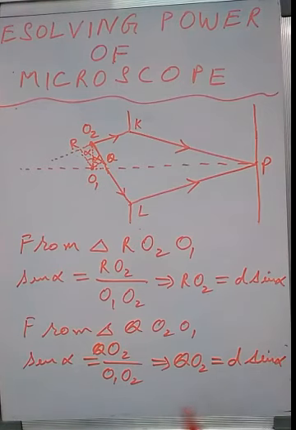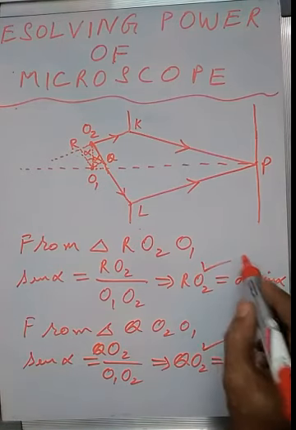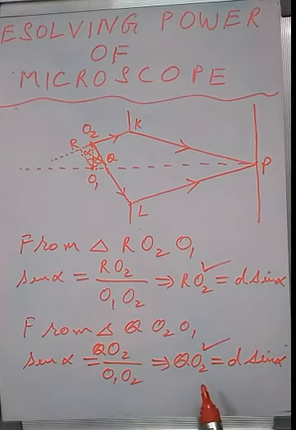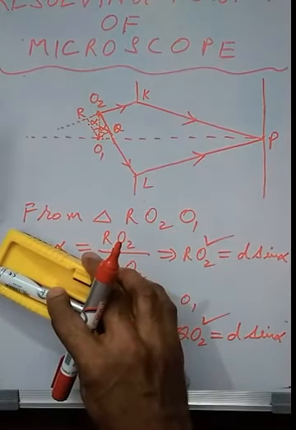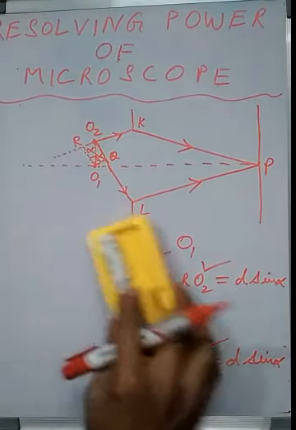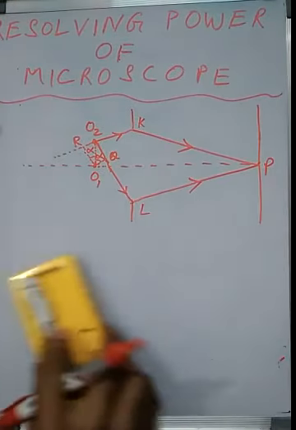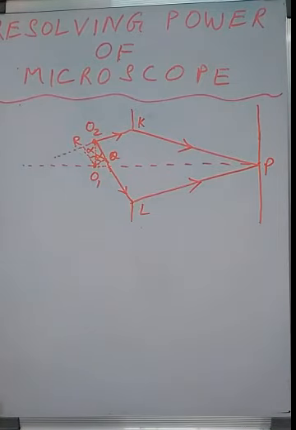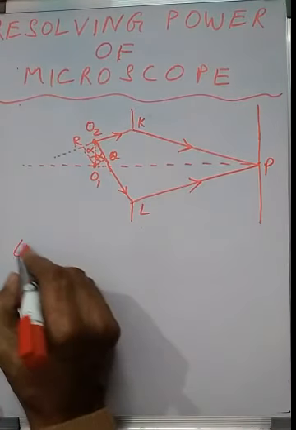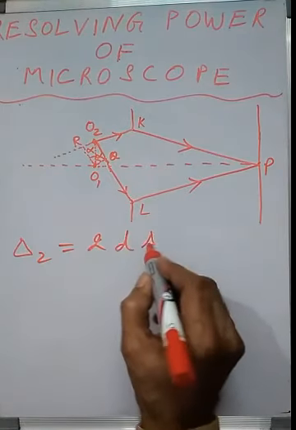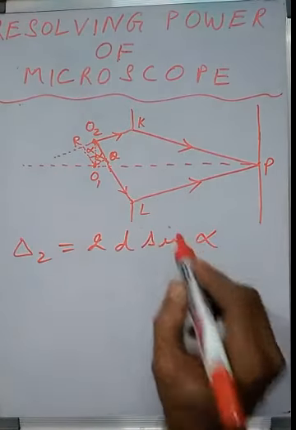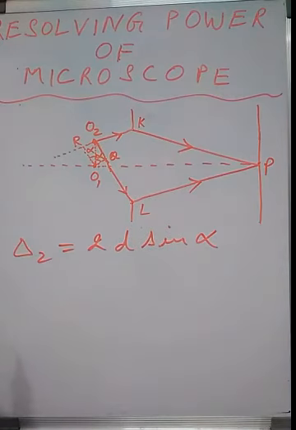So we have found the value of both RO2 and QO2. Now we shall put these values in our previous expression for path difference. So we can write path difference delta 2 as equal to 2D sin alpha.